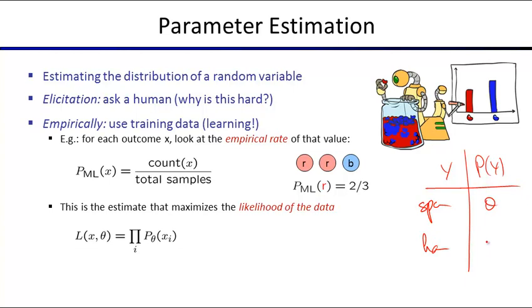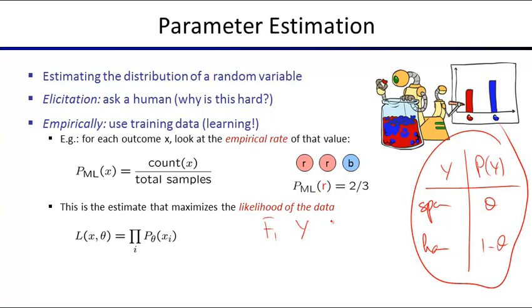You call this one theta, this one 1 minus theta. You look at all your data. You look at how many emails are spam, how many ham. You multiply it all together, find the maximum likelihood estimate. You fill it in, and you found this conditional probability table here for y. Same thing could be happening for features. Let's say you had feature 1, y, probability of feature 1 given y.